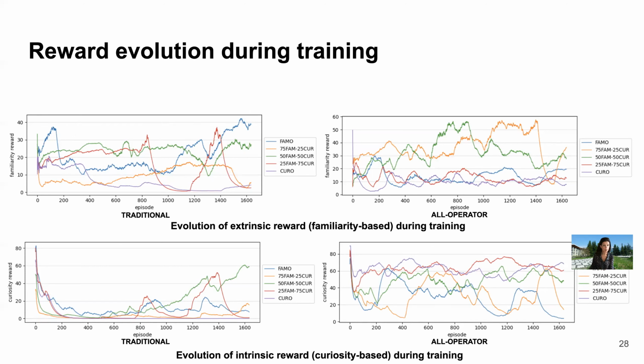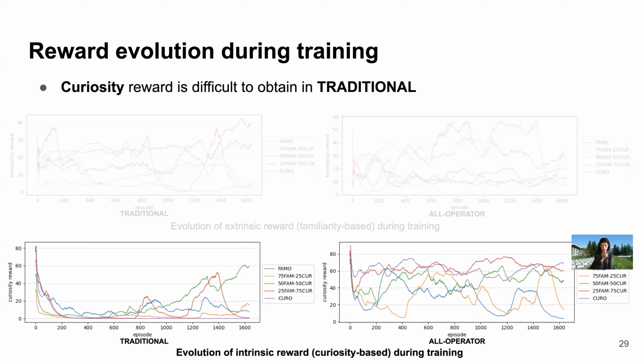So this set of plots shows the reward evolution during training for all the different training variants or training policies that assign different weights to familiarity and curiosity. And the first observation is that the curiosity is more difficult to achieve with traditional.